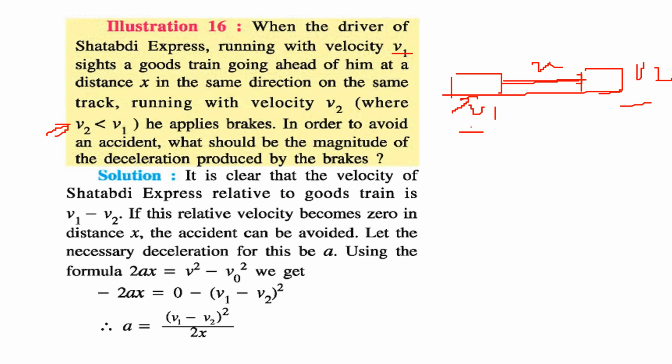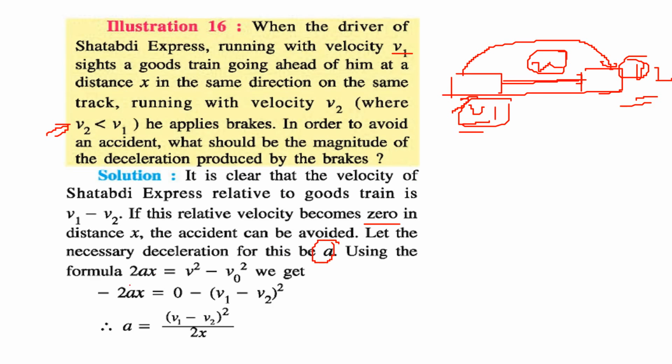Now this is the velocity V1, this is the velocity V2, and the velocity of Shatabdi Express relative to the goods train is simply V1 minus V2, as we just suggested in the previous discussions. So if this relative velocity will become 0 in distance x, then only we can say the accident can be avoided. So what is the necessary deceleration? That is a.